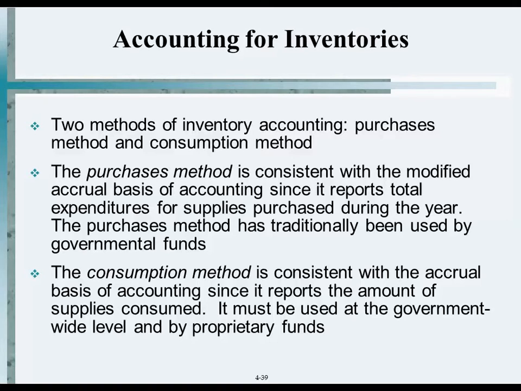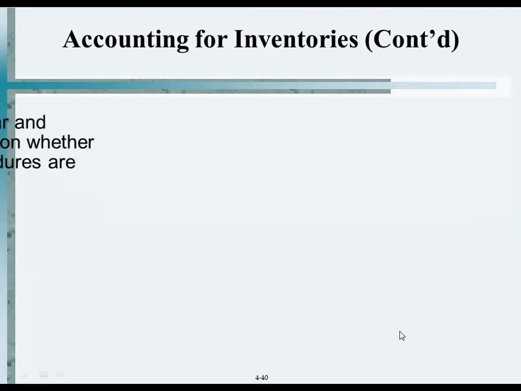So I bought $50,000 worth of items. I debit an expenditure account and credit cash. At the end of the year, I take account of what I have left. Okay? And basically, when I take that count, I make the following entry. That's the purchase method that I'm talking to you about.